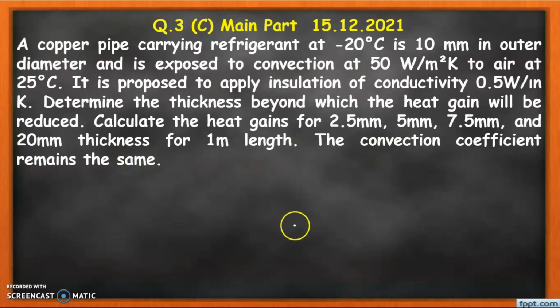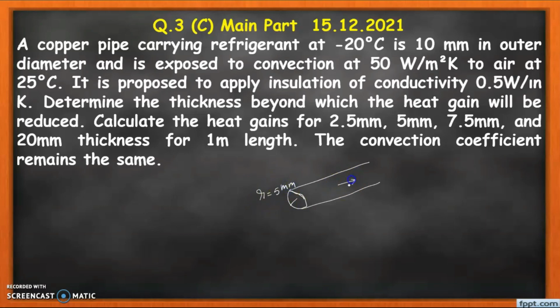So students, first of all we visualize the given situation. One copper pipe is given in this numerical and the diameter of this copper pipe is 10 millimeter, so the radius becomes 5 millimeter.